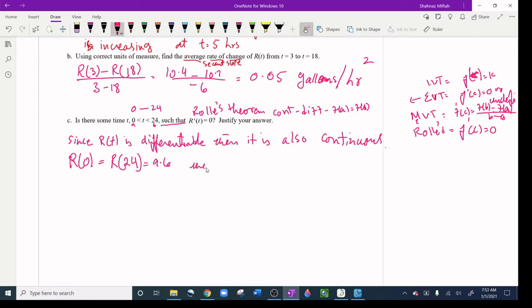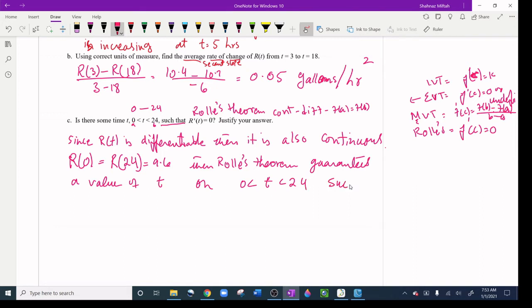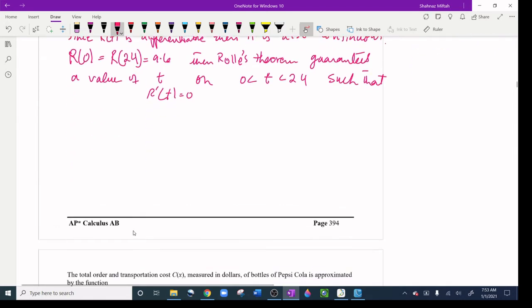Then we're going to say Rolle's theorem guarantees a value of t on 0, 24 such that r prime of t equals 0. That's how you're going to answer it.